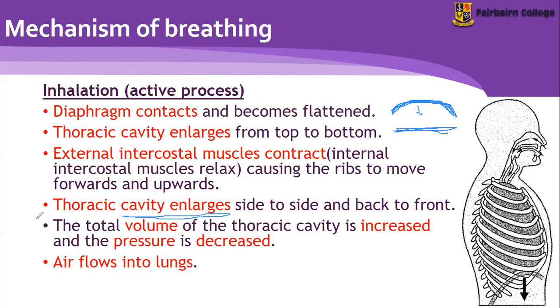And then when the thoracic cavity enlarges, the volume increases. That makes sense. There's more space, so more volume. But what happens when the volume increases, the pressure decreases. These two things, volume and pressure, are opposites of each other. So when volume increases, pressure decreases.